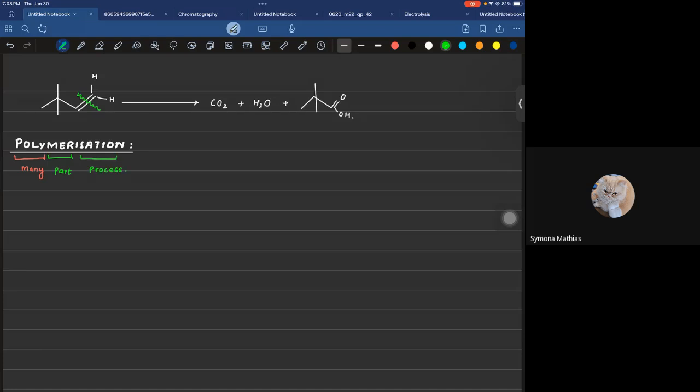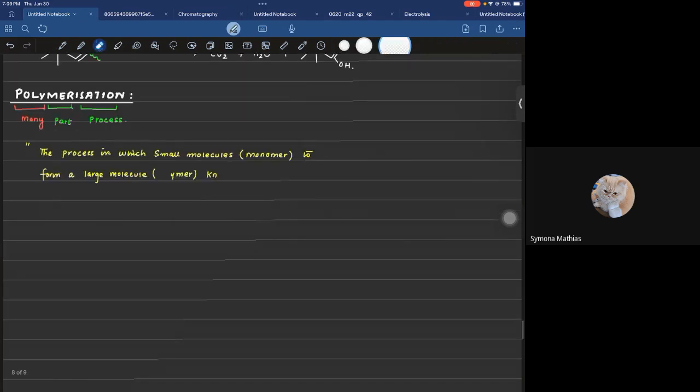So as you know, the process in which a small molecule, that is called monomer, combines to form a large molecule, that is called polymer, is known as polymerization.